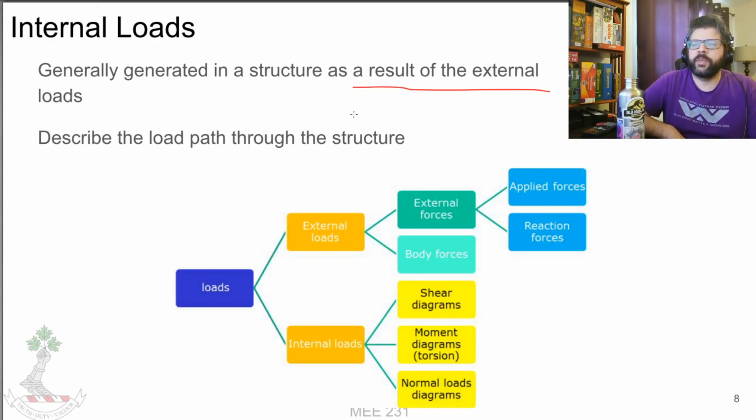Usually we can make the assumption that if a structure is just sitting there doing nothing, the internal loads would be zero if it was in a zero gravity state. Now again, when we talk external loads, the weight of the object itself is one of them.